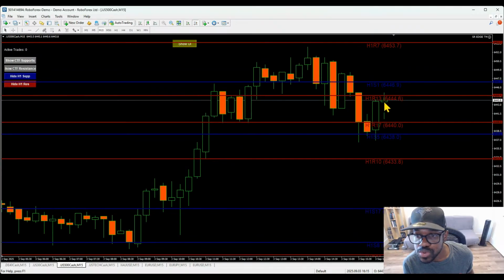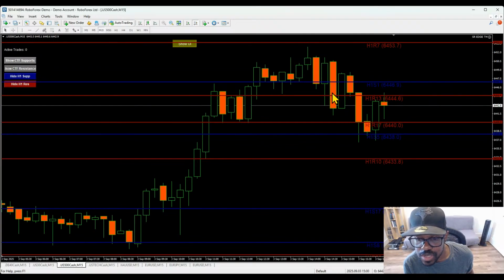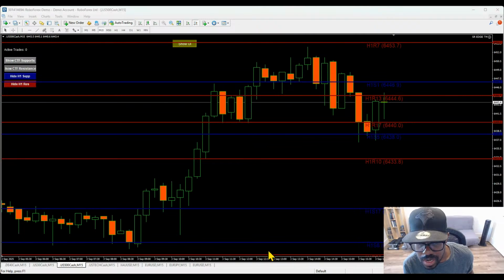So it went toward that fair value gap. Visually, I could see it. If you need a confirmation, you can always go on the Fair Value Gap Edge on TradingView to see exactly the fair value gap off of the 1 hour.